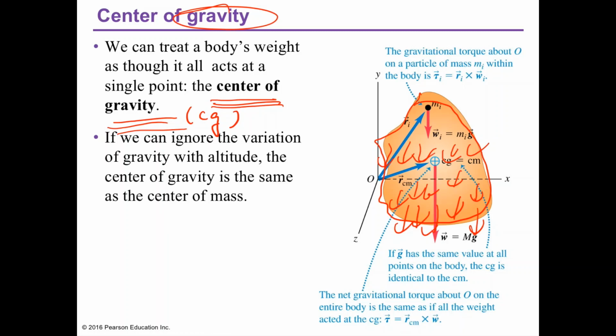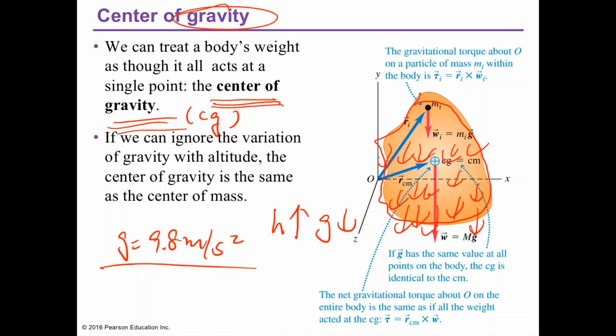The acceleration due to gravity decreases with altitude. We know that: if you're far away from the surface of Earth, your g decreases. On the surface, on average, it's 9.8 meters per second squared. The higher the altitude, the further away you are from the Earth, this g just decreases.